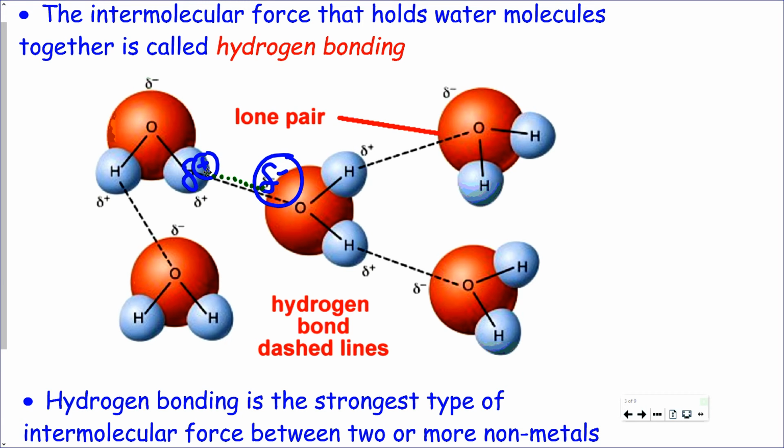The warmer the sample is, the further away that bond is, and the more likely that sample will be to be a gas. Hydrogen bonding is the strongest type of intermolecular force between two or more nonmetals. There's a bunch of different types of intermolecular forces, but for the purpose of this, you just need to know about hydrogen bonding.